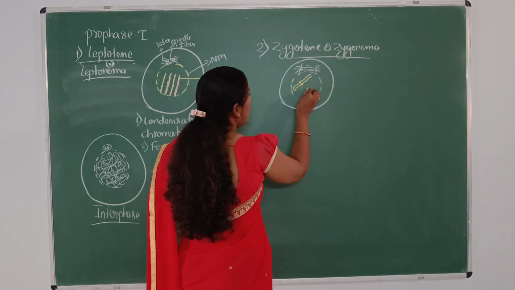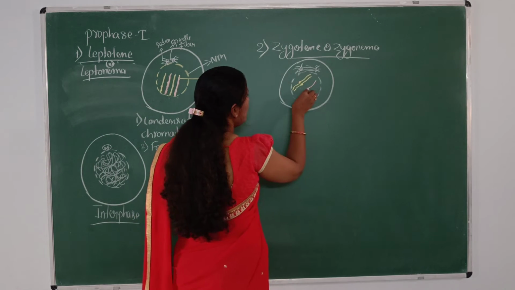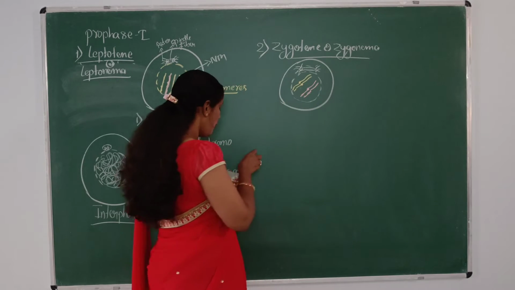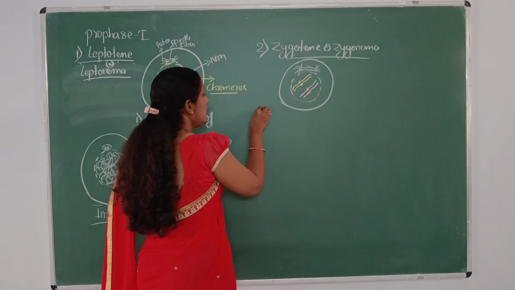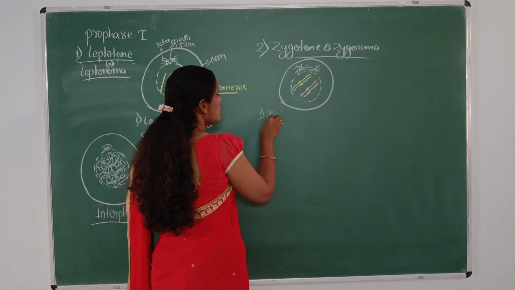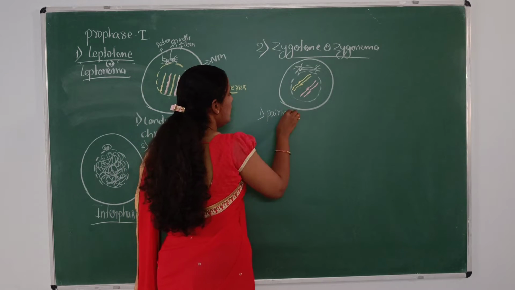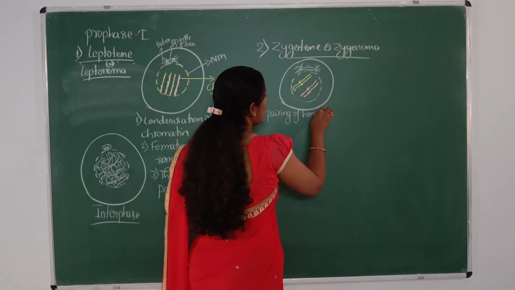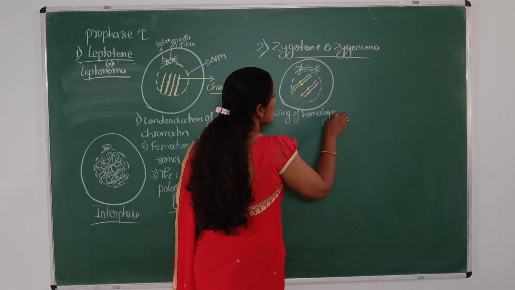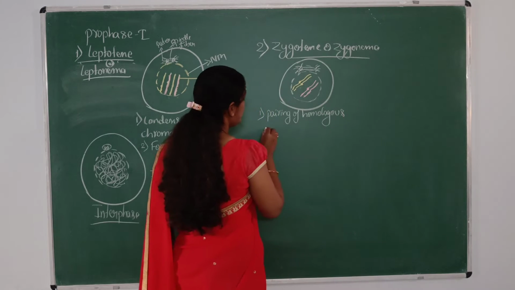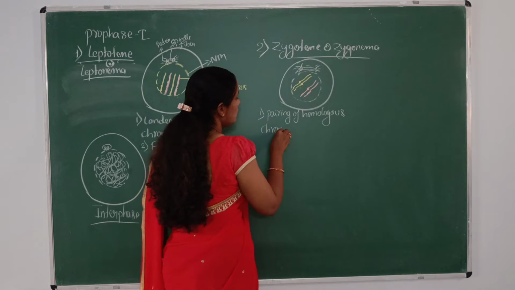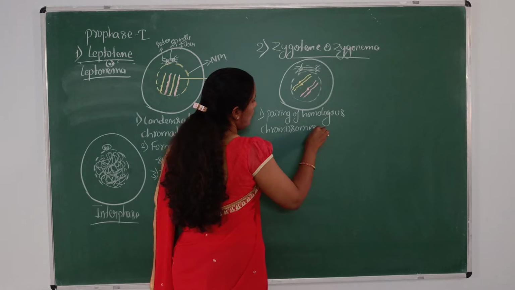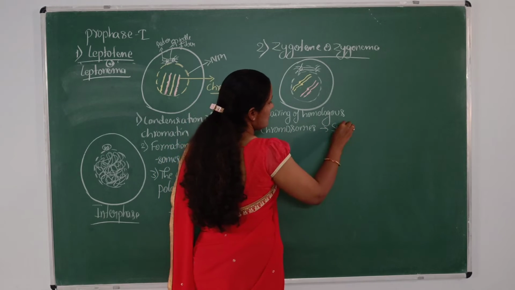The pairing of homologous chromosomes will take place, and the process of pairing of homologous chromosomes is called synapsis.